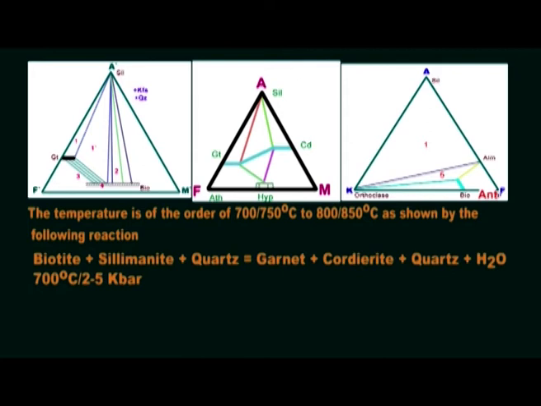The temperature is of the order of 700 to 750 degrees centigrade to 850 degrees centigrade, as shown by the reaction biotite plus sillimanite plus quartz give rise to garnet plus cordierite plus quartz plus water, 700 degrees centigrade, 2 to 5 kilobar.